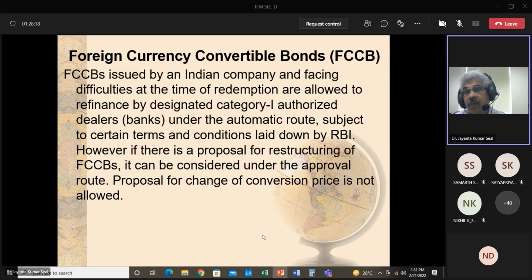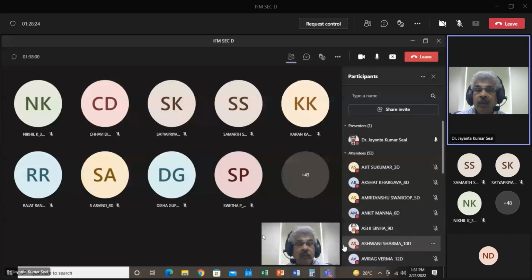Foreign direct investment has to be, I told you, in the form of shares. When you issue a foreign currency convertible bond, it is not foreign direct investment. However, when it is converted into shares, it becomes foreign direct investment.